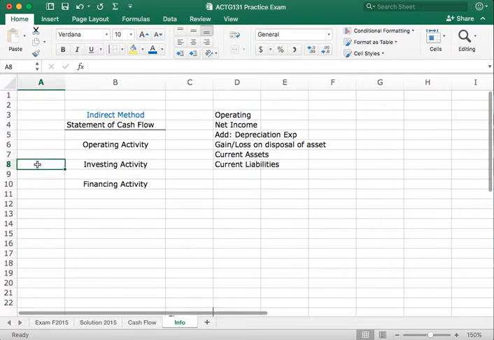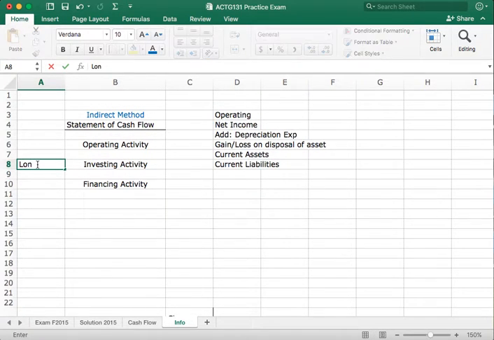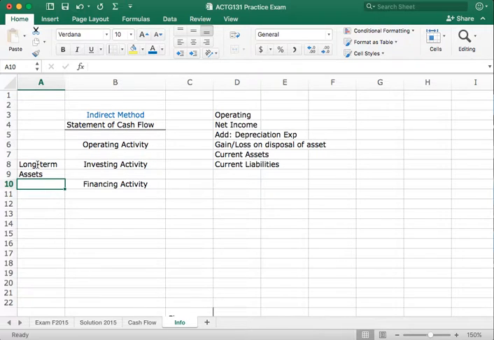Investing, on the other hand, only includes activities of long-term assets. So did we purchase long-term assets? If we did, we're going to show it under investing activity.